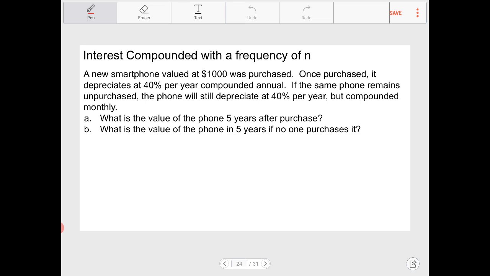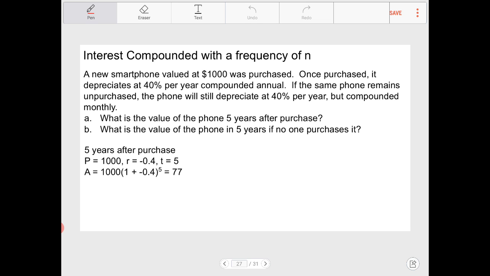Let's take a look at the values of the phones in these two situations. What is the value of the phone 5 years after purchase? If it's compounded annually, the model says my initial value is 1,000, r is depreciating, so it's negative 0.4, and t is 5 years.